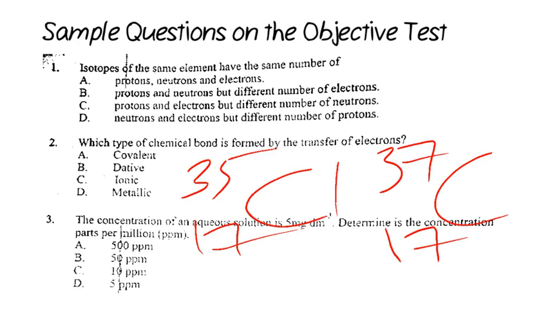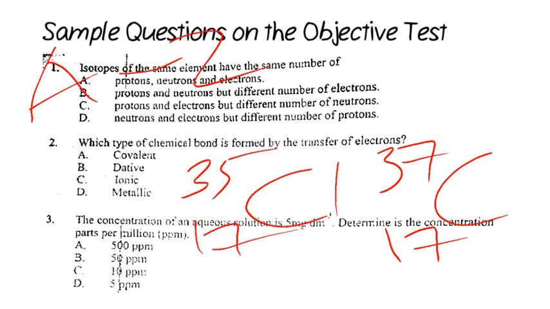The 35 and 37 here are known as mass numbers, and the 17 here is known as the atomic number. The 35 and the 37, like I said, are known as mass number, represented by the letter A, and the 17 here is known as atomic number.